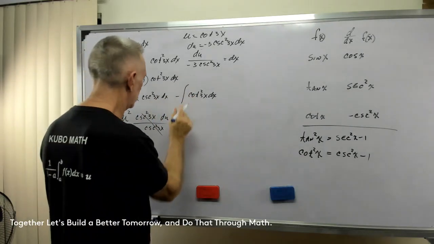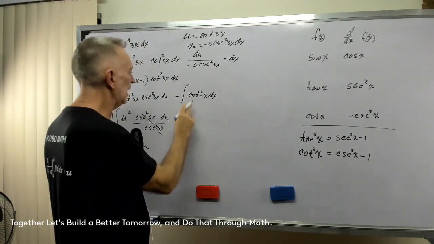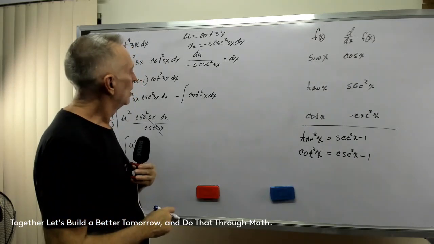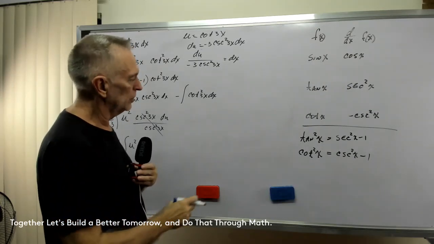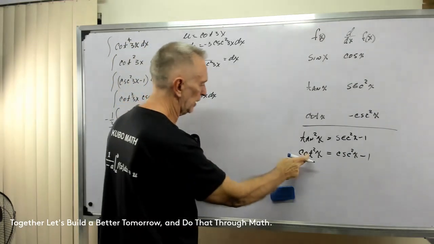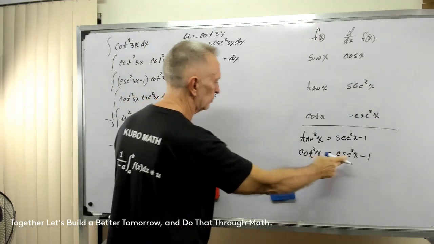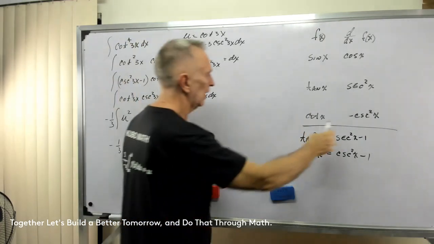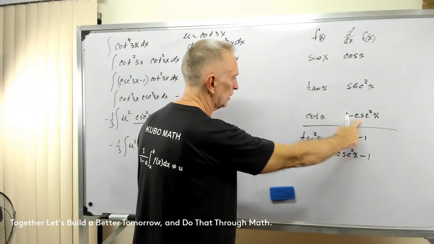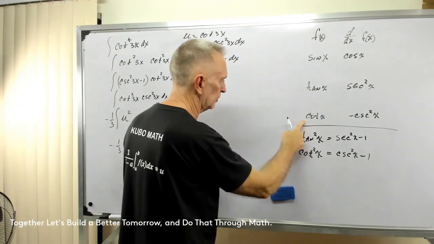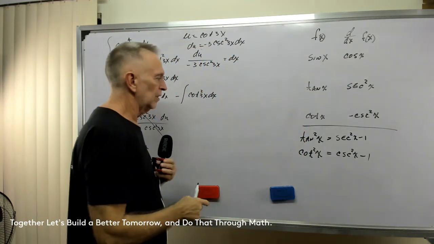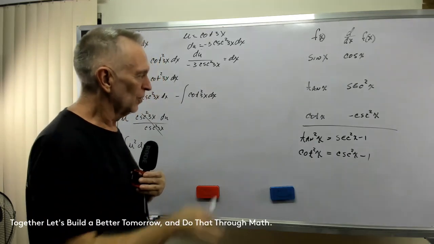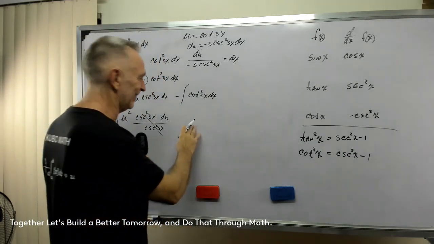Now let's work with this one. I have minus the integral of cotangent 3x squared. Well, what to do there? Well, why don't we just change the cotangent into a cosecant? The reasoning is I can integrate cosecant squared and get cotangent. I know it sounds like I'm reaching around the back of my head to scratch my elbow, but just bear with me. Okay.